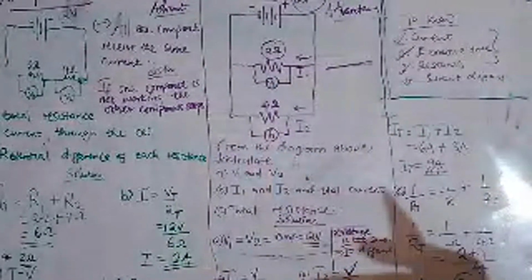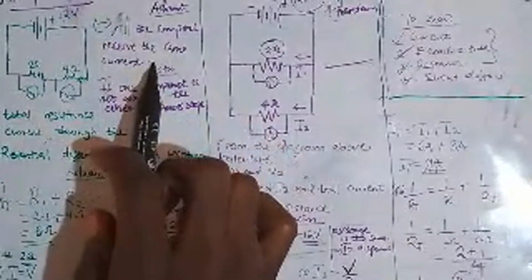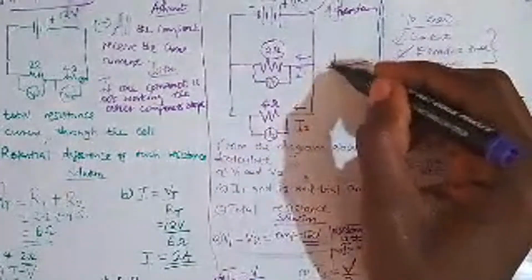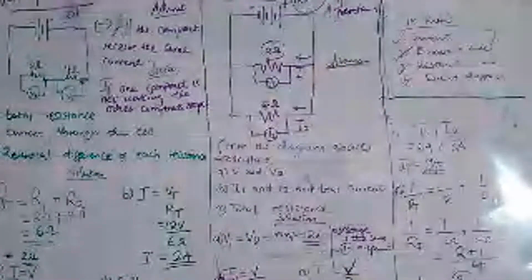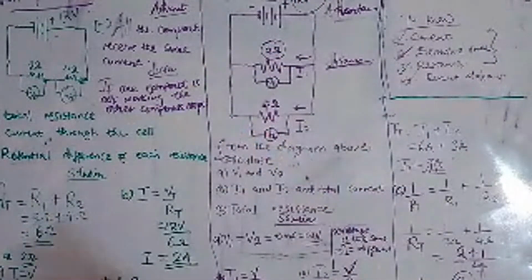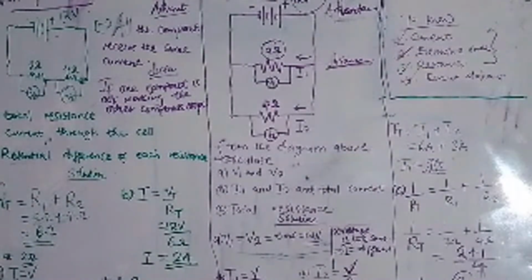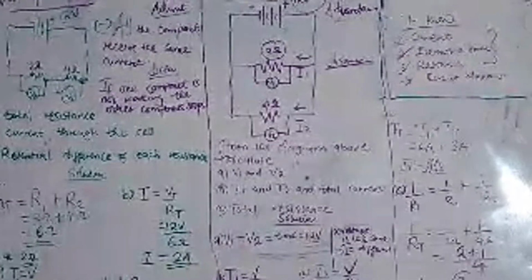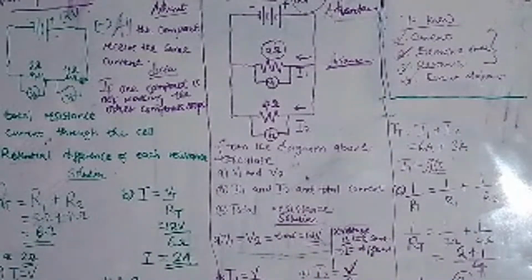So you can say the advantage of a series circuit is the disadvantage of a parallel circuit, and the advantage of a parallel circuit is the disadvantage of a series circuit. If one component in parallel is blown out, since they receive different current, the other one will still go on.